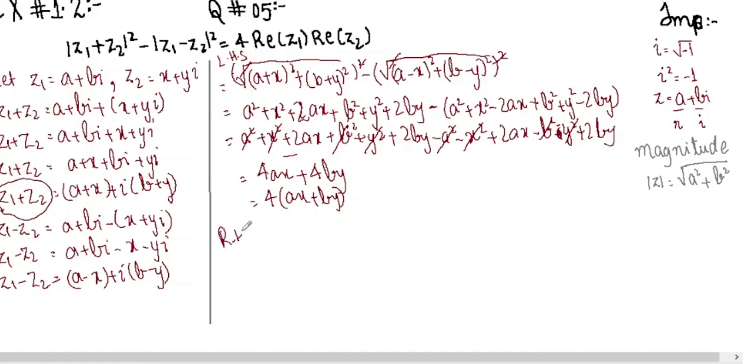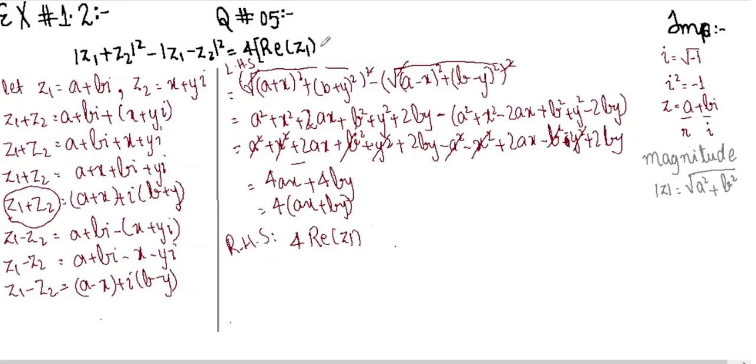Now we are moving towards the right hand side, which says 4 into the real part of z1 into the real part of z2. Here I have realized that this question has been written wrongly. It's the real part of z1 into the real part of z2 plus the imaginary part of z1 into the imaginary part of z2.